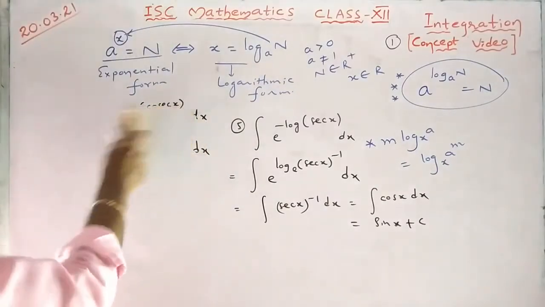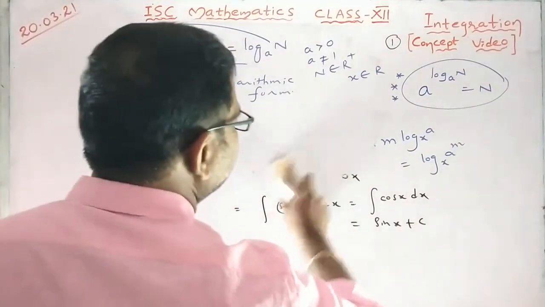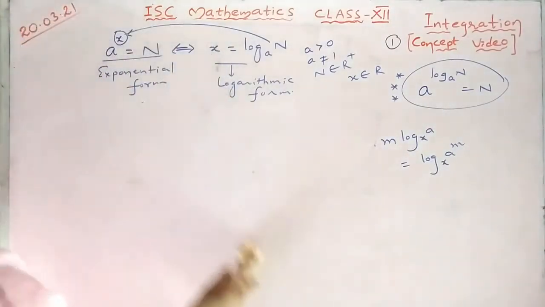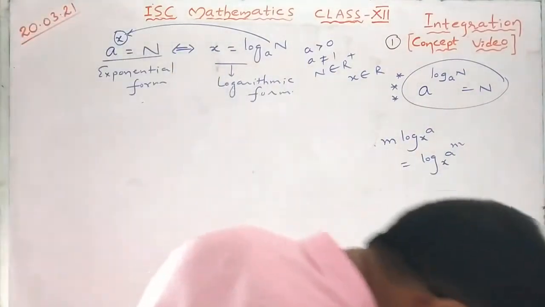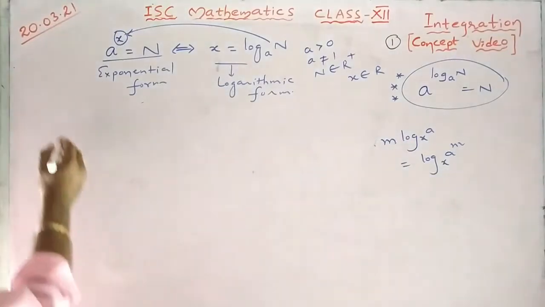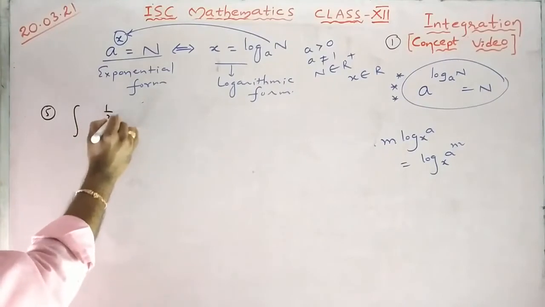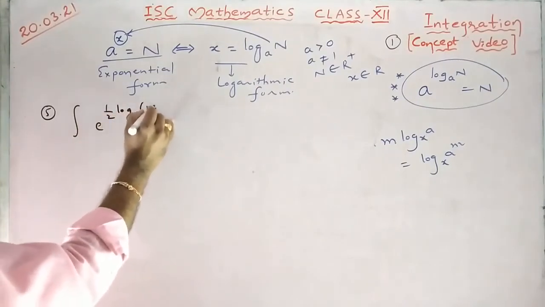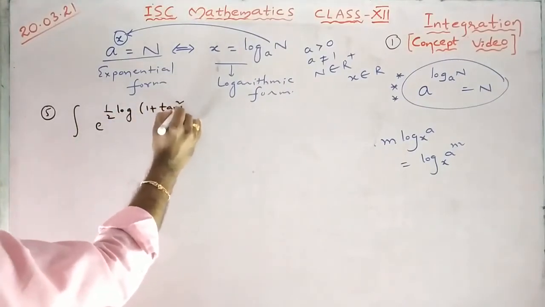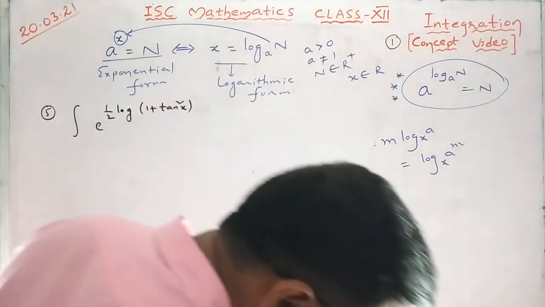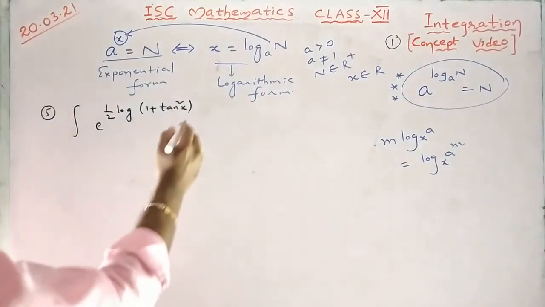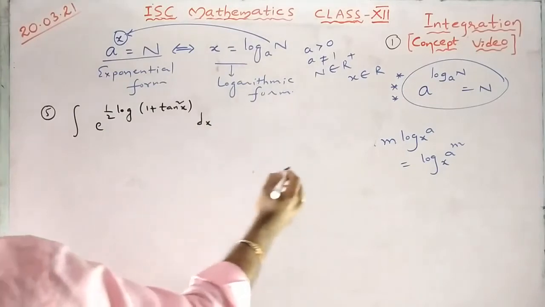Let me see some more. Here, integral e power 1 by 2 log of 1 plus tan square x dx.